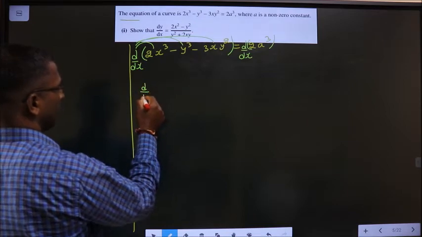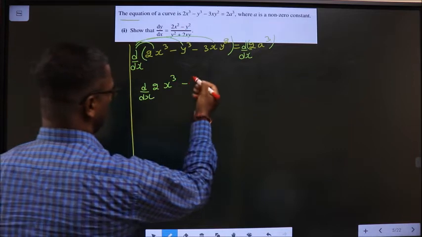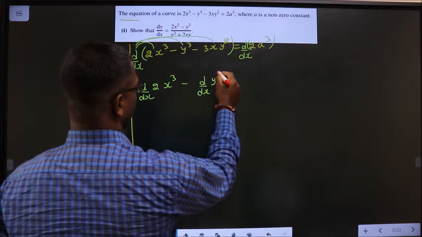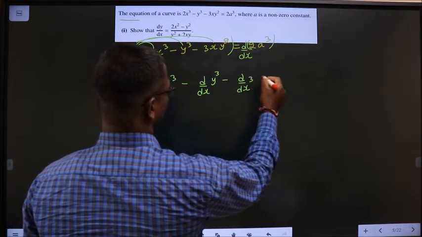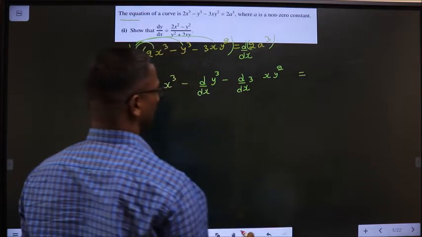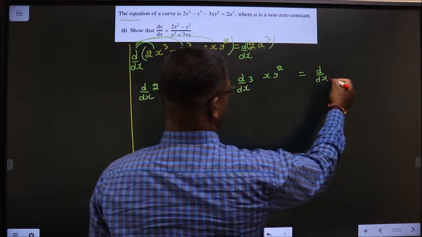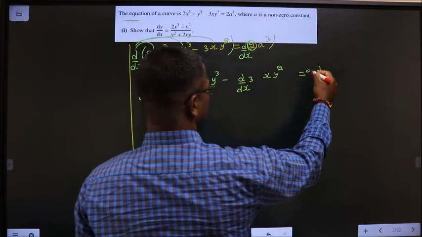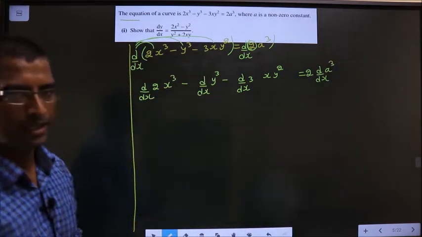Clear? Next step. Take this onto each term. So it will become d/dx of 2x³ minus d/dx of y³ minus d/dx of 3xy² is equal to, 2 will not play any part, so 2 outside and differentiation of a³.